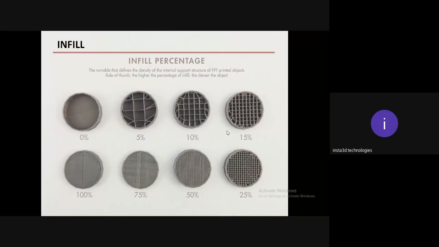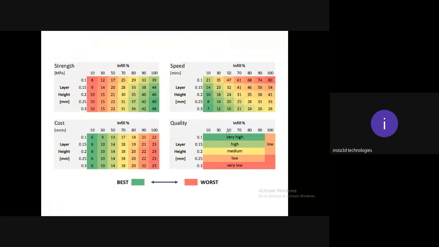In this chart, the green color denotes the best and the red color denotes the worst. If you consider strength parameters, 0.1 mm thickness with 10% infill is the worst, and 0.3 mm with 100% infill is the best.